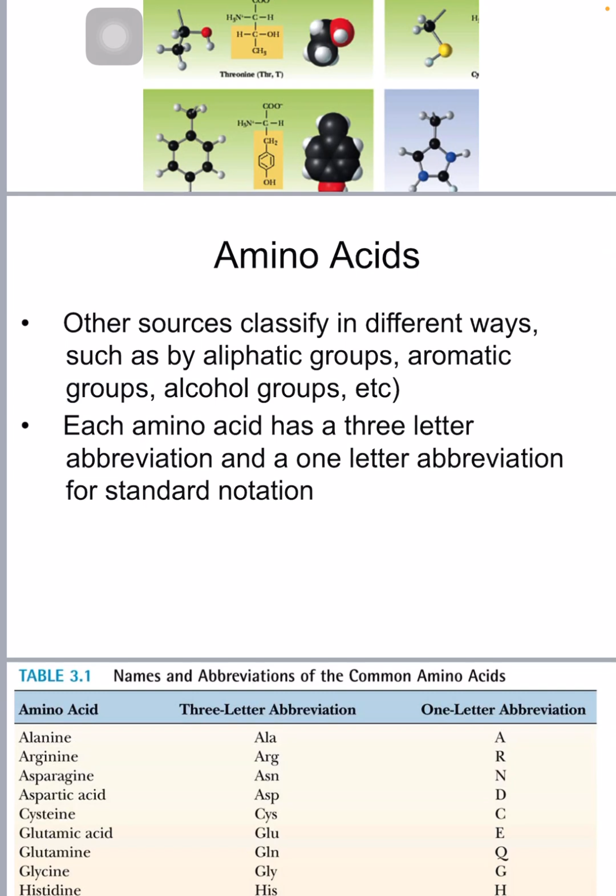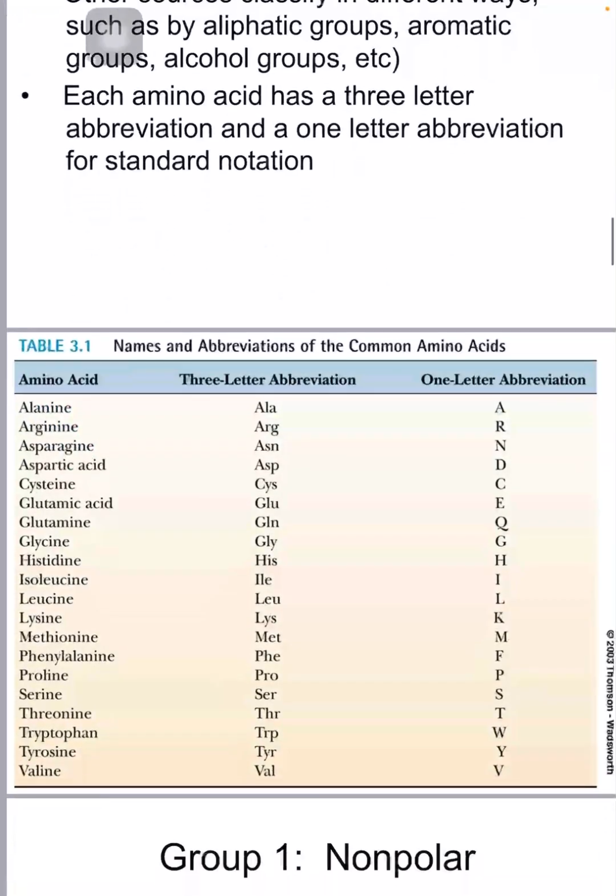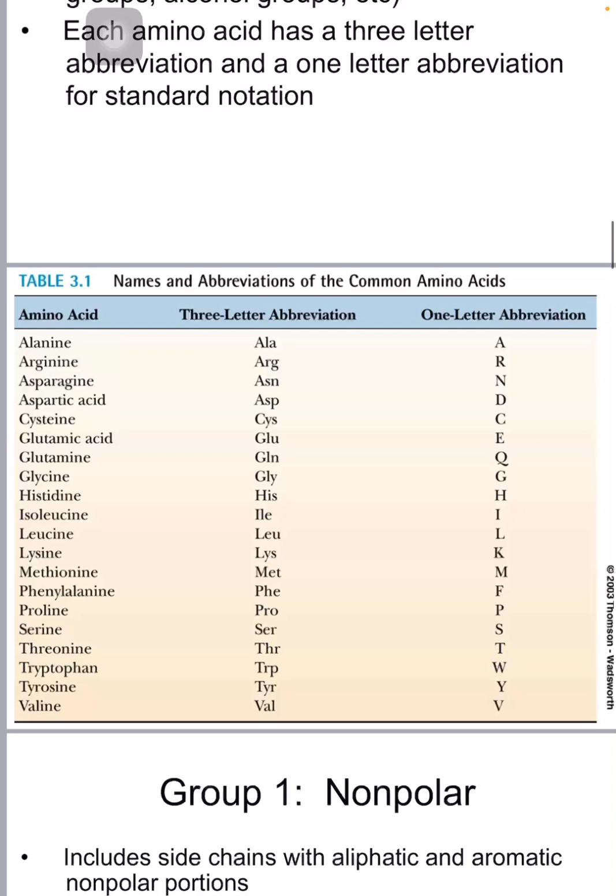So being able to recognize them when you see them is important. I'm not going to expect you to memorize these shorthands. I'll give you this table, but just be able to look at it and recognize that, see, if I have a GLY, that's a glycine. Or if I have an N, that's an asparagine, and use that to figure out what the amino acids are in your particular sequence.